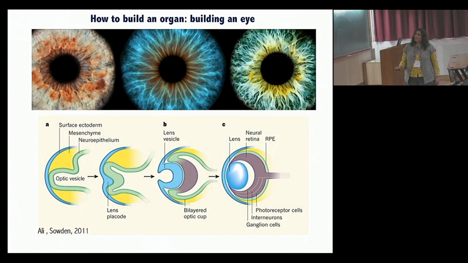And this flat layer first forms an invagination, and then that blue bit in the middle actually detaches from the surface ectoderm and becomes this structure, which is the lens, and then the surface ectoderm covers it.